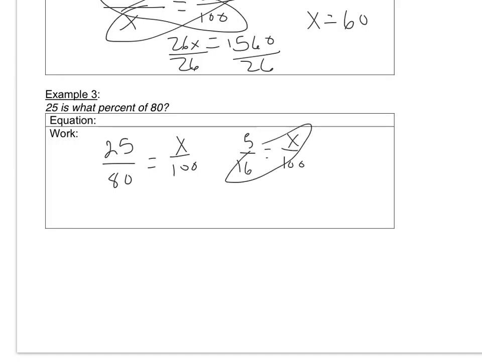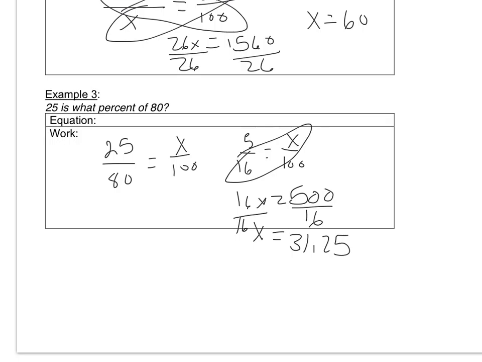Cross multiply, you get 16x equals 500. So divide that by the 16, and you would get x equals 31.25. So there's some examples right there.